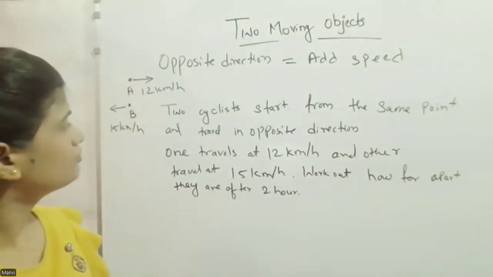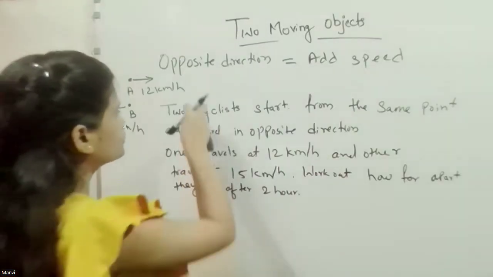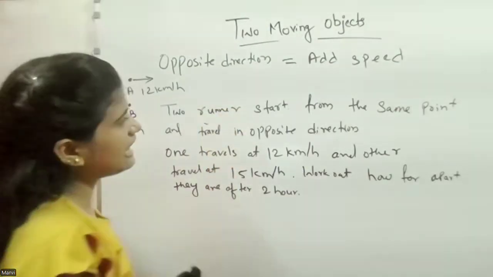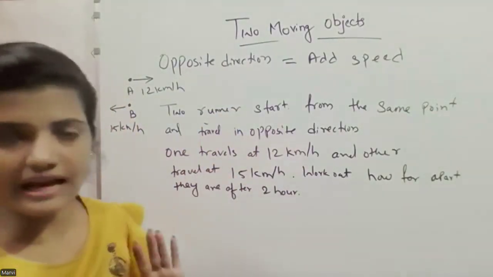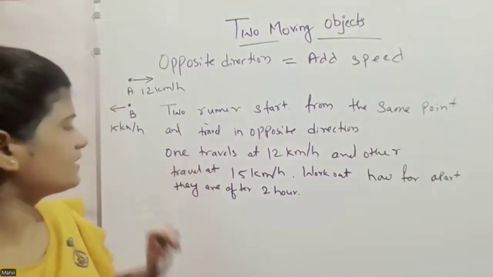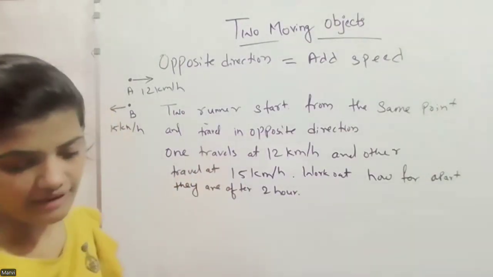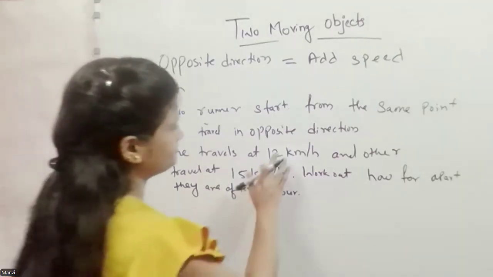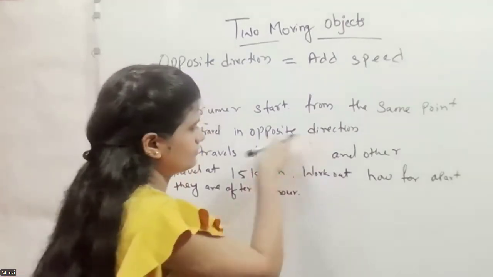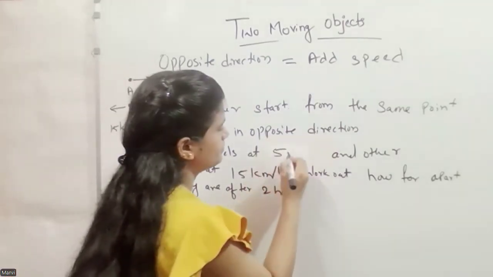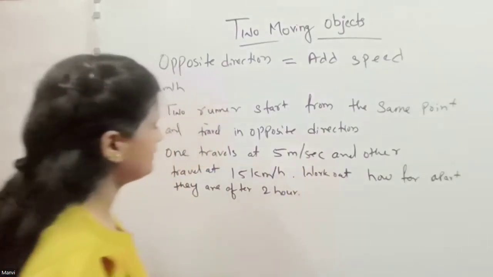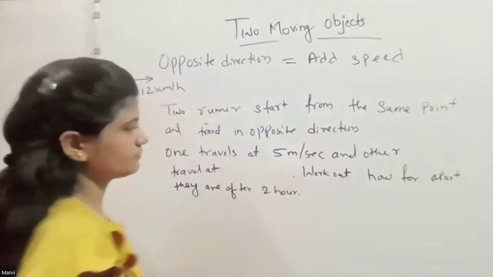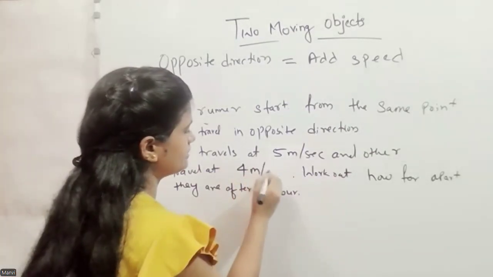Okay, now we have two runners. They start from the same point and travel in the opposite direction. One runner travels at 5 meters per second and the other at 4 meters per second.